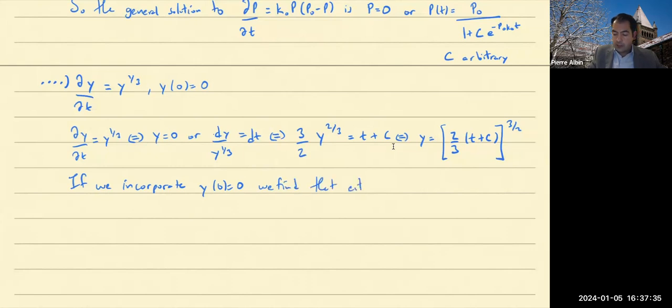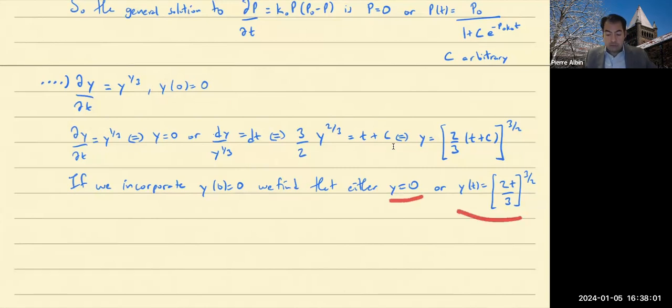We find that either y is the function 0 or y is this function with c equal to 0. So it's (2t divided by 3) raised to the 3/2. Okay, so we have an initial condition, and still we have two solutions, both of them perfectly good.